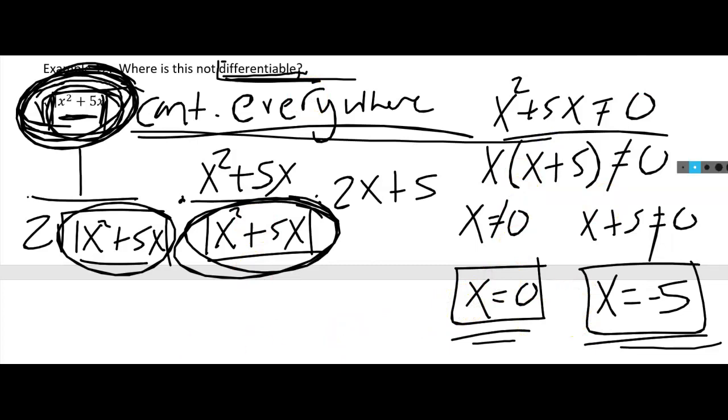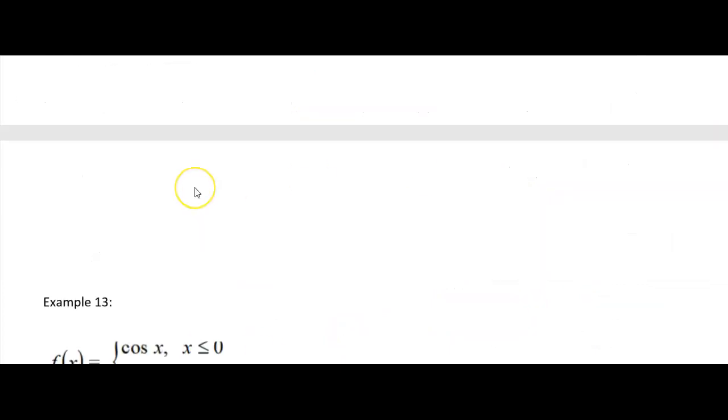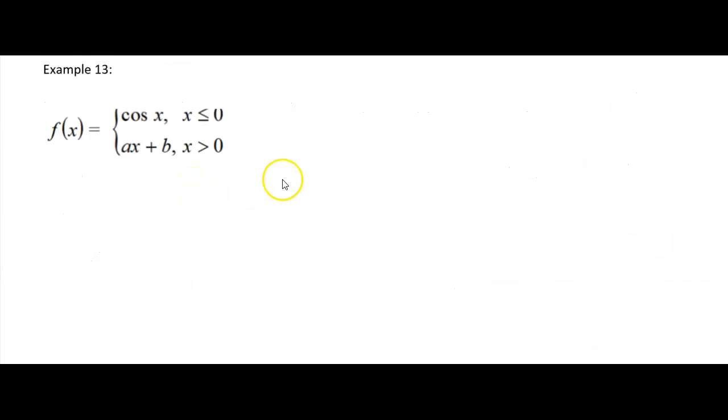Okay, moving along to number 13. The question for this one was, we wanted to find a value for a and b that will make this function continuous and differentiable. So let's go ahead and focus on the continuous part first. First of all, this is cosine.